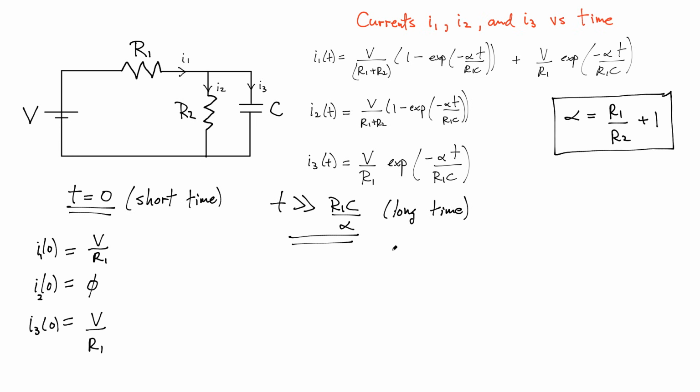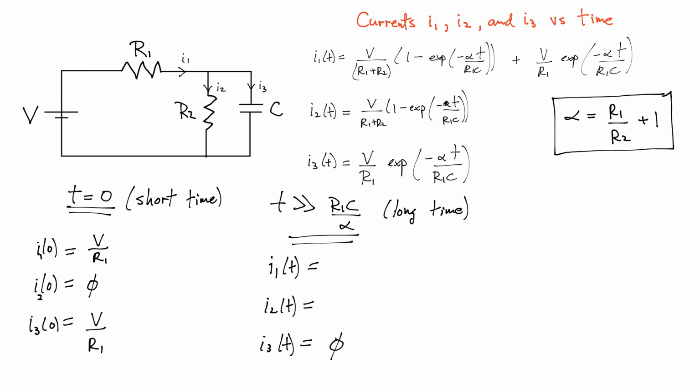All right, what about in the long time limit? What are we going to obtain? In the long time limit, again, I want to look at I1 as a function of time, I2, and I3. Now in the long time limit, look what happens to I3. If you substitute a very big number here for time with respect to these other variables, that term basically goes to 0. You have an exponentially decaying function.